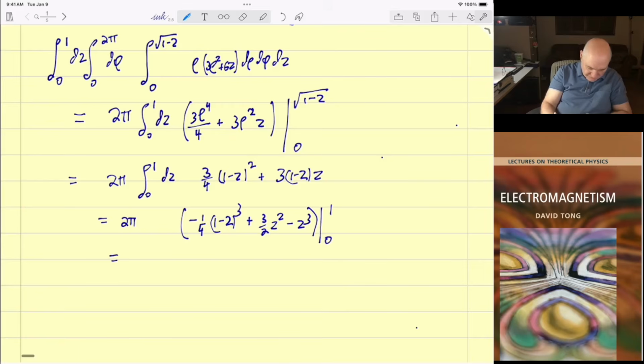So this is equal to 2 pi times 3/2 minus 1, plus 0. These two terms vanish and we get plus 1/4, which is equal to 2 pi times... I think I did that wrong.